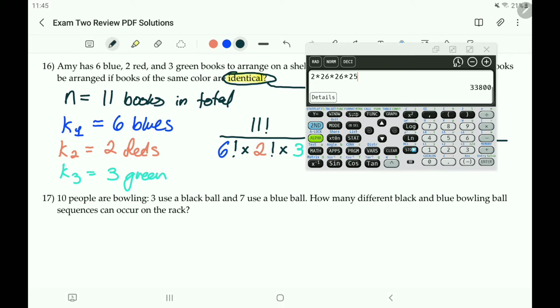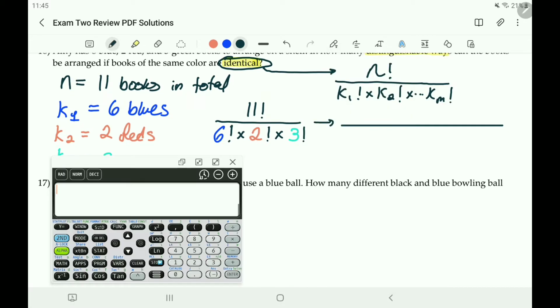So we want to use our factorial feature. For 11 factorial, that's 11 times 10 times 9 times 8 times 7 times 6 times 5 times 4 times 3 times 2 times 1. Let's double check to make sure that this is correct.